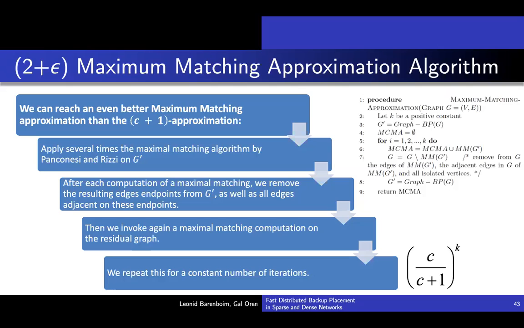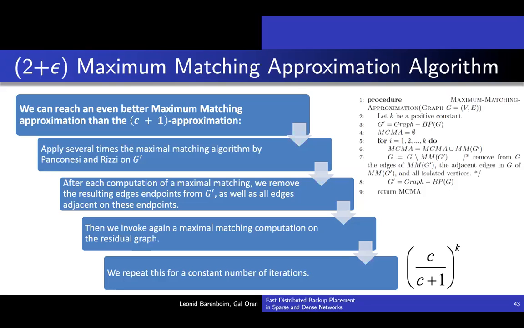As we repeat the procedure, each time C divided by C plus 1 of the vertices are being removed, and as we repeat this for k times, it converges into an epsilon smaller than 1, meaning that accordingly we increase MM of G, and so we get a 1 plus epsilon approximation of MM of G. As MM of G is a 2 approximation of MCM of G, we get a 2 plus epsilon approximation.